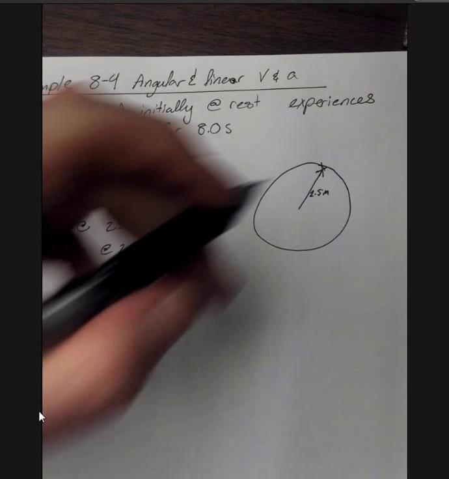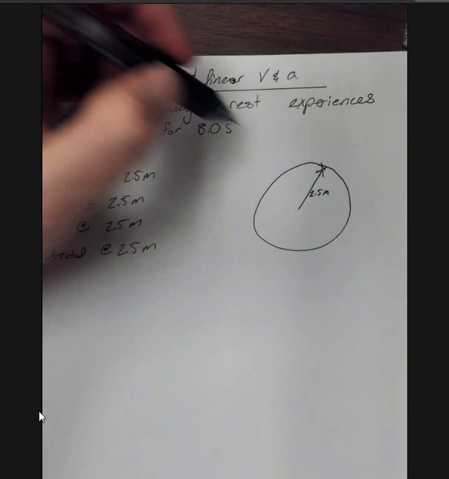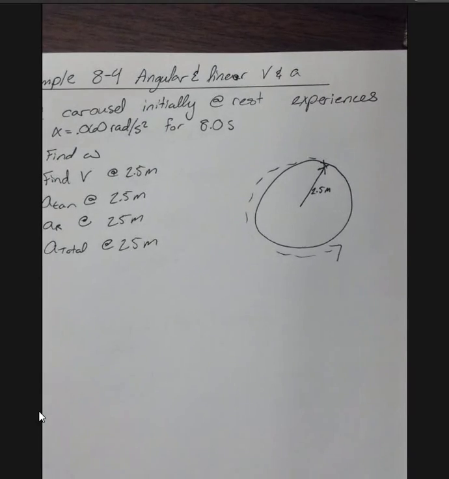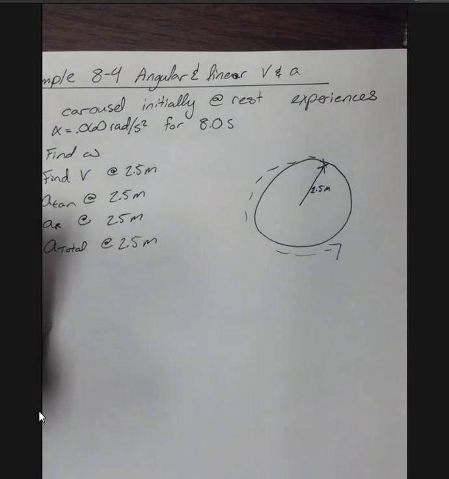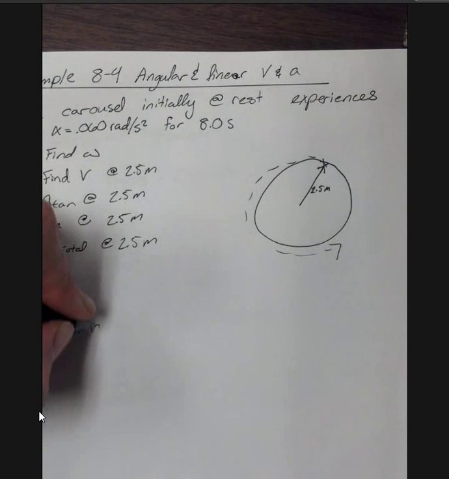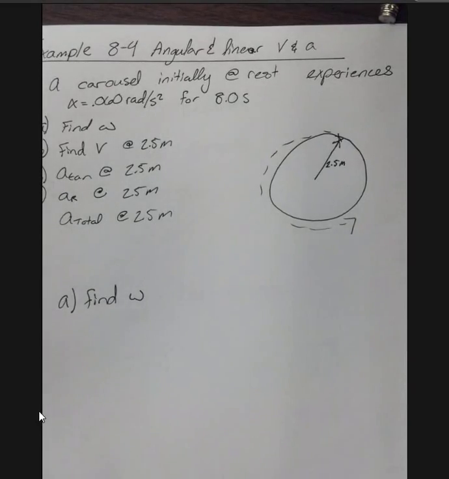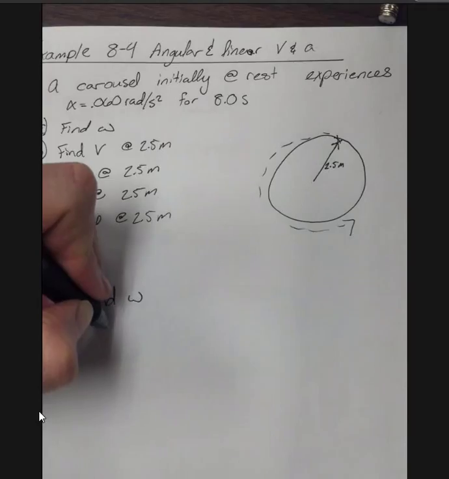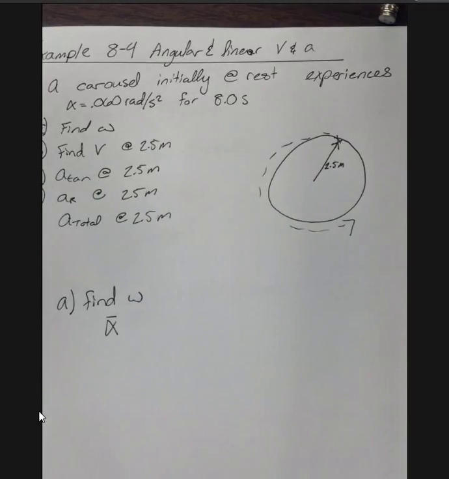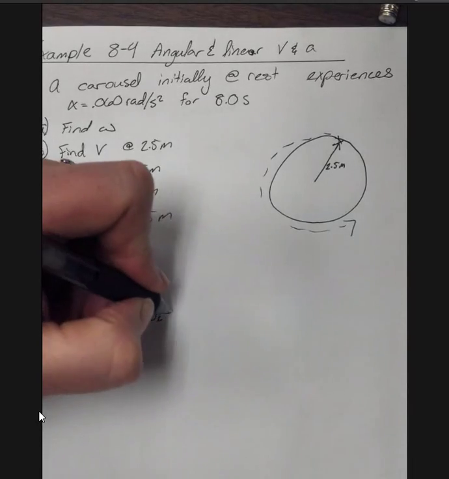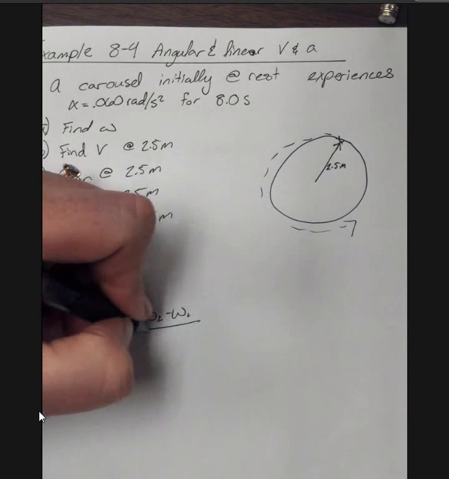So here we go. Here's the carousel, here's a radius of 2.5 meters, and here's the child we're talking about. The child loads up onto the carousel, the carousel starts to speed up, and it continues to speed up for 8 seconds, and then it has a constant velocity. So first, to find the rotational velocity after 8 seconds, we know the average acceleration was 0.060 radians per second squared, and that's the final velocity minus the initial angular velocity divided by the change in time.